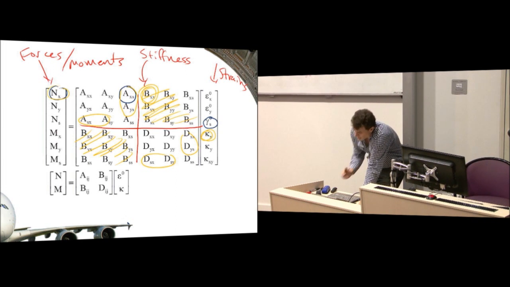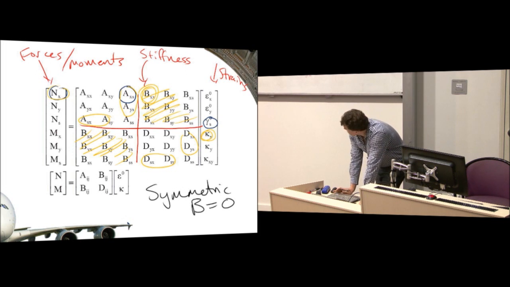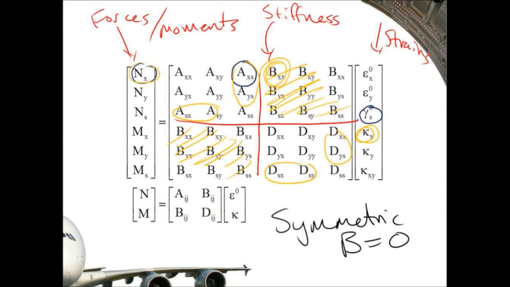If we have a symmetric laminate, all the B terms go to zero. Because you'll see from calculating the B terms a couple of slides ago, which we'll hopefully revisit in a couple of seconds, all those terms go to zero if the laminate's symmetric.